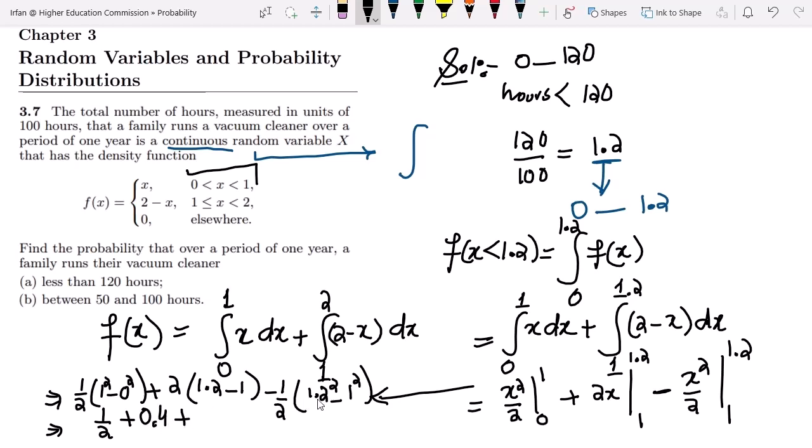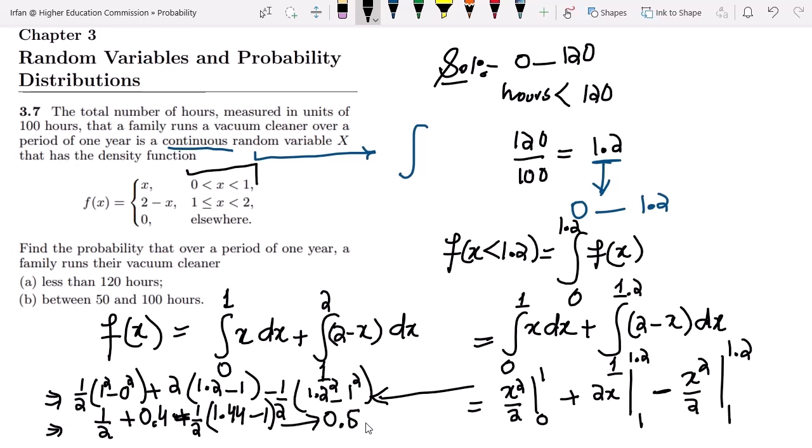And here this will be 1.2 square minus 1 square, so how much is 1.2 square? Let me calculate it first. Here it will be minus, and 1 by 2 is 0.5. Here 1.2 whole square would be 1.44, similarly minus 1. Now let me convert them to decimals.